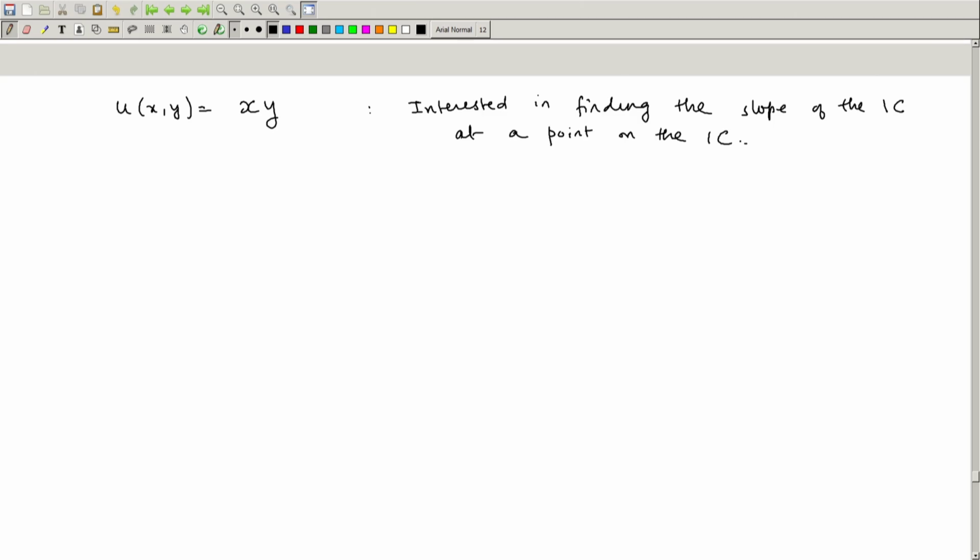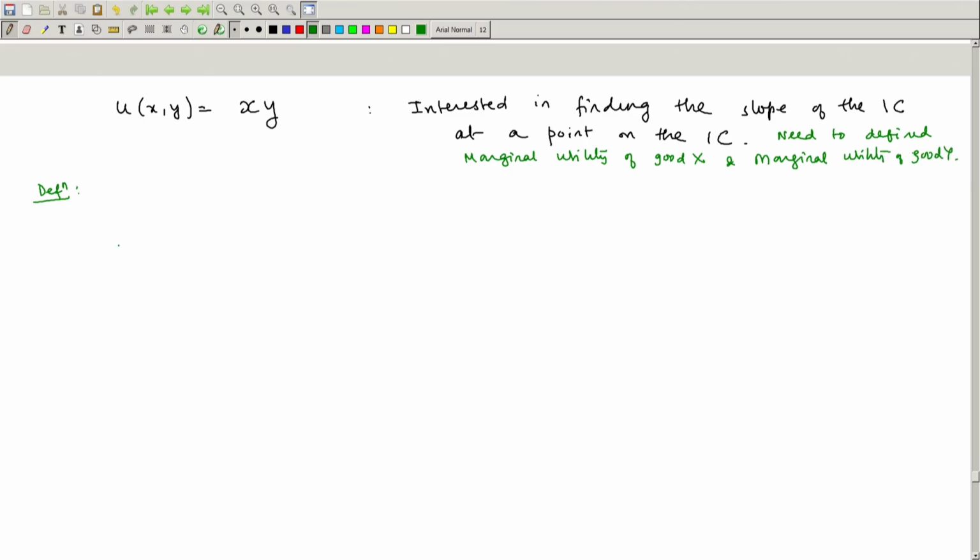Now, we will compute the slope. Before we compute the slope, it turns out that I will need to define two terms. The first definition that I am going to put on the board is the notion of marginal utility. To talk about the slope, I need to define the marginal utility of good x and the marginal utility of good y.